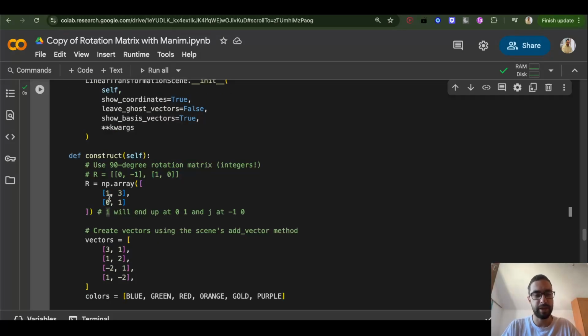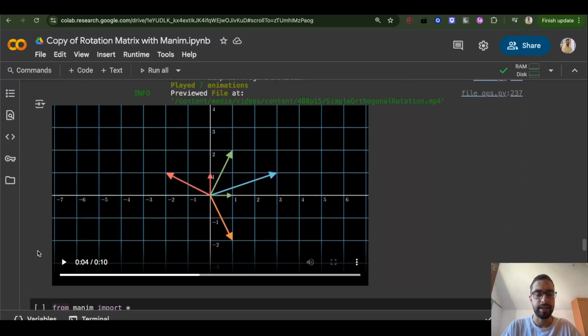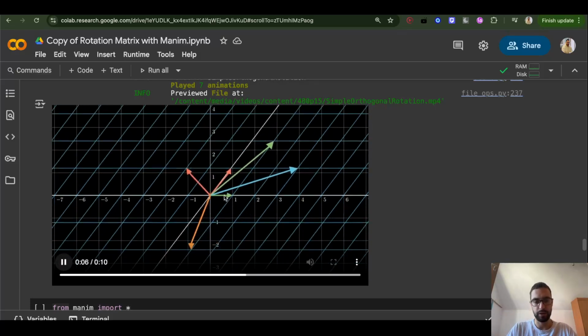Let's see, we have this matrix 1, 3, 0, 1. So this controls the transformation of x, and this controls the transformation of the y coordinate. And let's see, we have a bunch of different vectors. You will notice that every vector gets pulled and transformed differently here. For example, this one doesn't move.